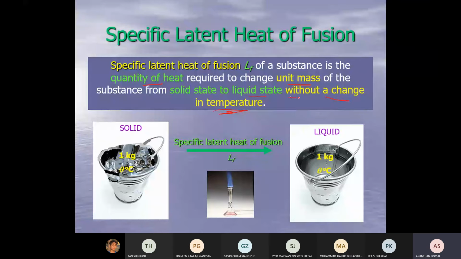Most students sometimes miss out the last wording. You must say without change in temperature.